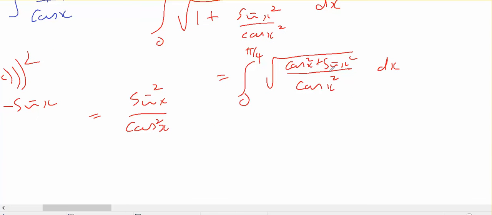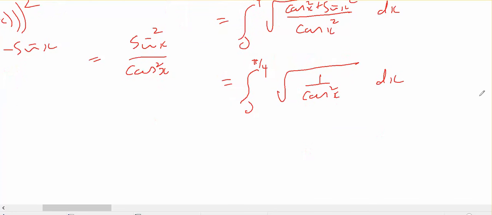My numerator is 1, so I'm looking for the integral from 0 to pi on 4, the square root of 1 on cos of x squared dx, which is the integral from 0 to pi on 4 of 1 on cos of x dx.